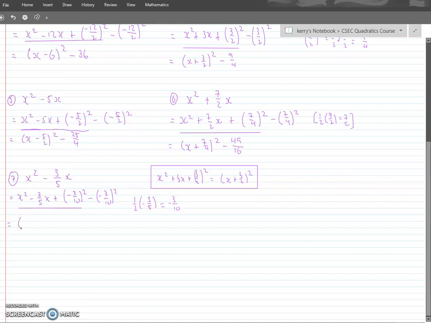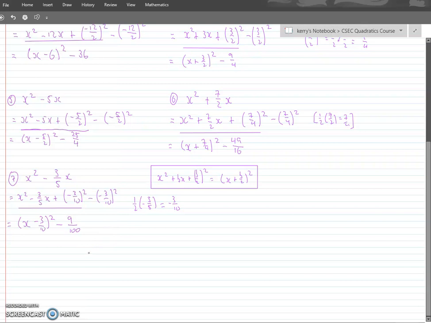So this now becomes, when I factorize it, x and whatever number is inside here, minus 3/10, all squared. And now you're subtracting minus 3 squared, which is 9, and 10 squared is 100. Yeah, 3/10 squared is 9 over 100, and that's the answer. So this is how we complete the perfect square. And this is completing the square.